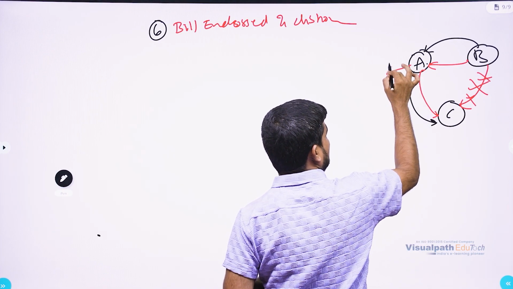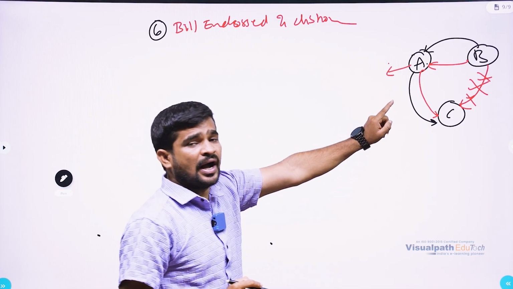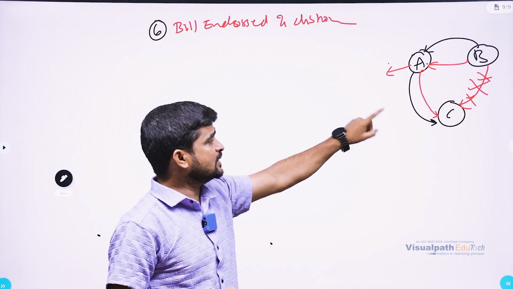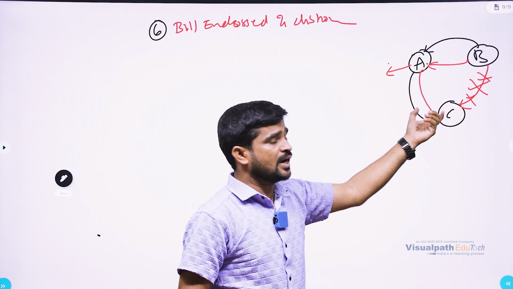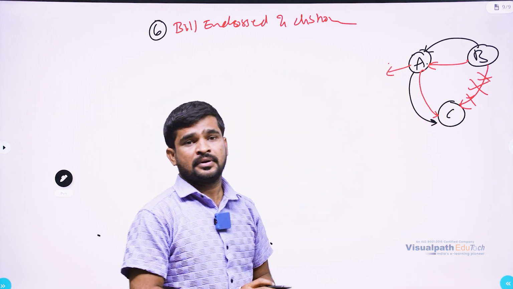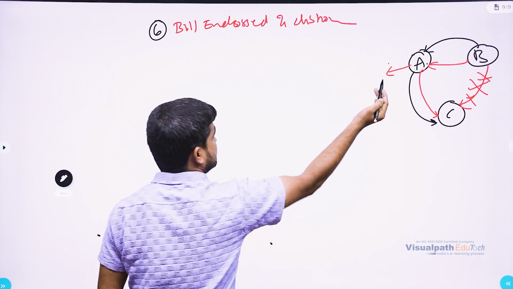Now in the books of A, he will say to B, again you have to make the payment, and C has already paid the noting charges, and the total amount is payable to C. So now we write the dishonor entry.